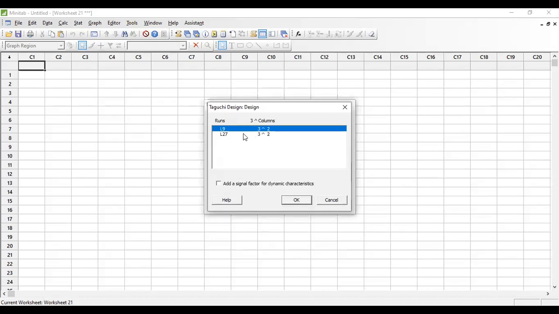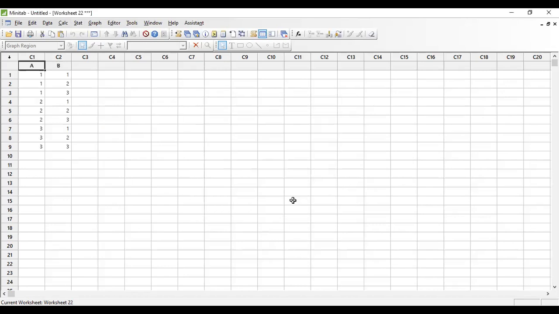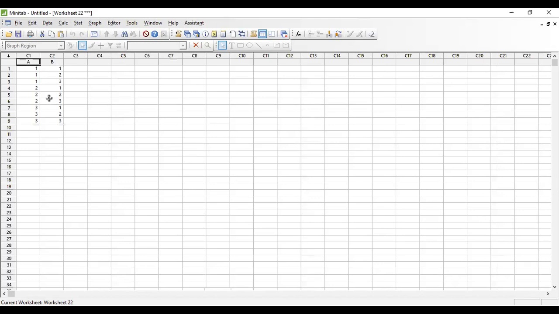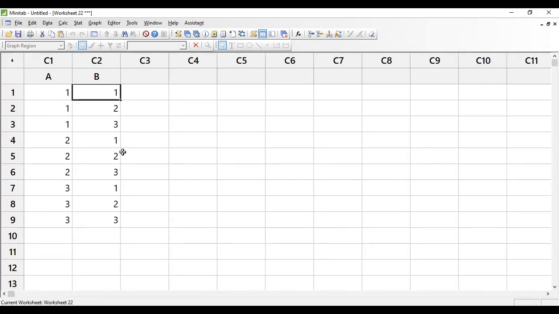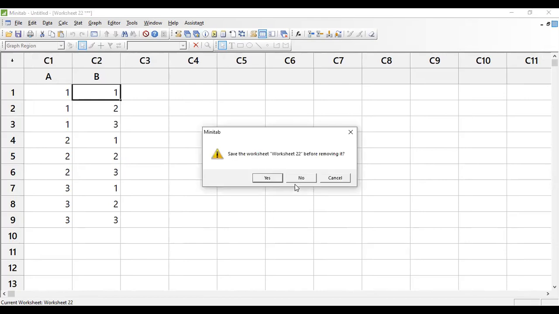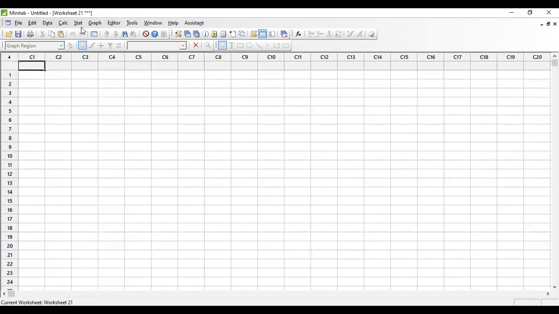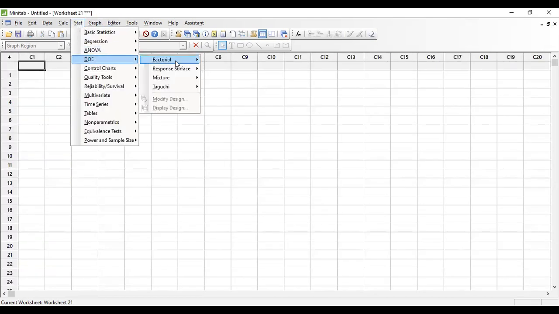Okay, then designs: Taguchi L9 design, Taguchi L27 design. When it comes to L9, you can see the design, right? There are 2 factors at 3 levels, so you have to do 9 trials in Taguchi's design. And you can design your experiment here, right? That is design of experiment.